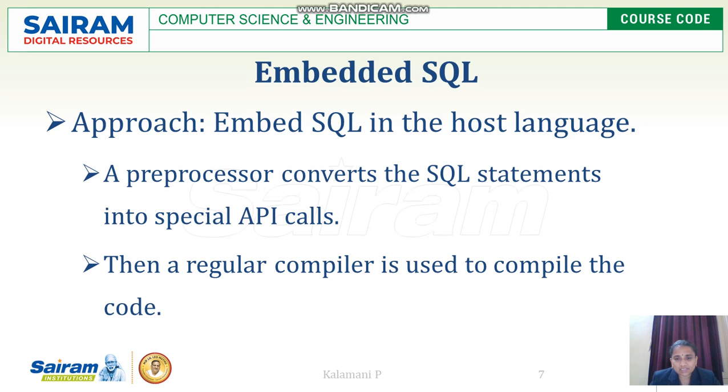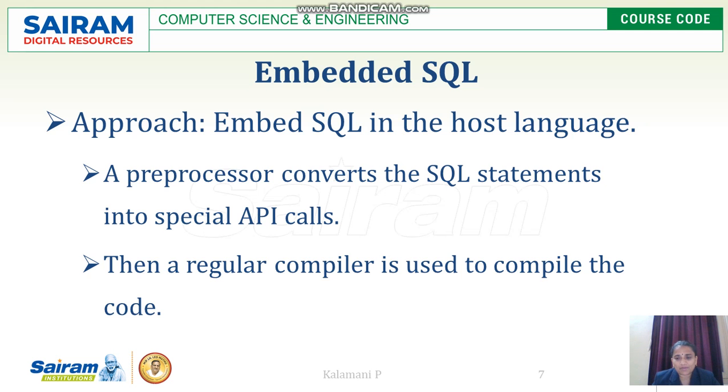A preprocessor converts the SQL statements into special application programming interface calls. Then a regular compiler is used to compile the code. We have already seen the database environment diagram. The application query will have both the SQL query and the application program code, the host language code.